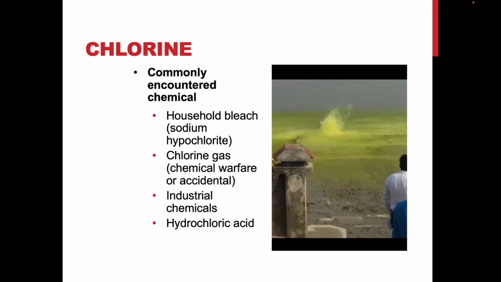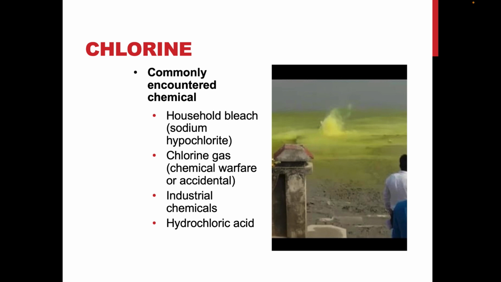Let's talk briefly about chlorine. It's a very commonly encountered chemical, and pretty much every household in the United States is going to have some sort of bleach, which is sodium hypochlorite. Household bleach with the right mixtures of other chemicals can form chlorine gas.